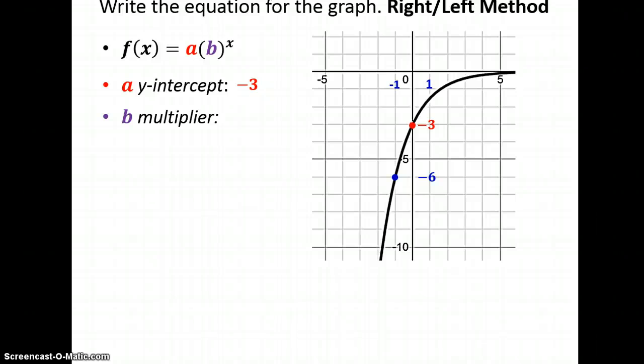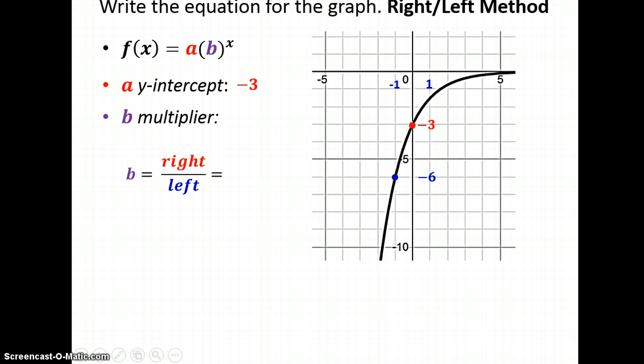Now for using the right-left method. To find b, what we can do in the right-left method is take the y value of the point that is furthest to the right, in this case it's our y-intercept, and divide it by the y value of the point that's furthest to the left.